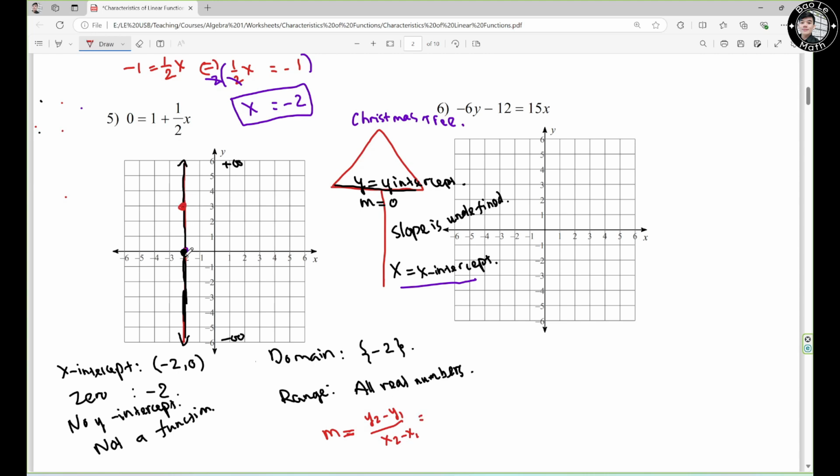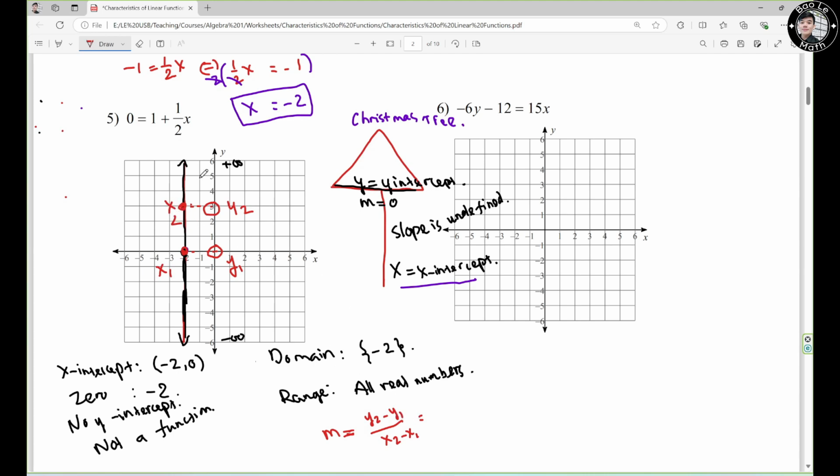I pick this point and I pick this point right here. Okay, so I have different y values. The y value right here is 3. The y value here is 0, right? So y2 is 3, right? This is y2, this is y1, this is x1, and this is x2, right?